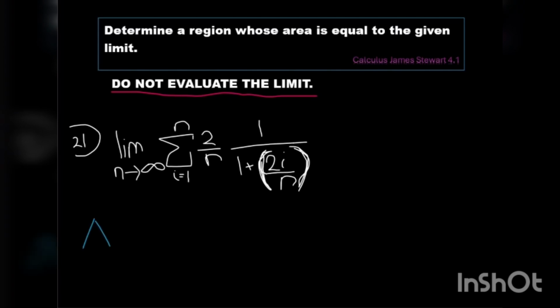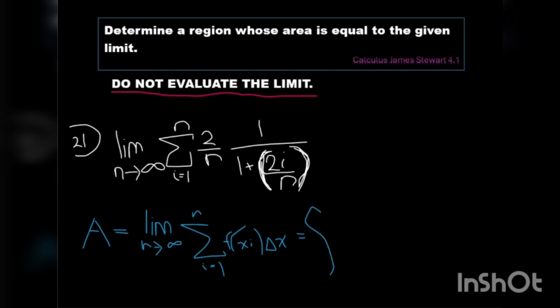Area equals the limit as n approaches infinity of the summation from i equals 1 to n of f of x i times delta x, and this equals the integral from a to b.